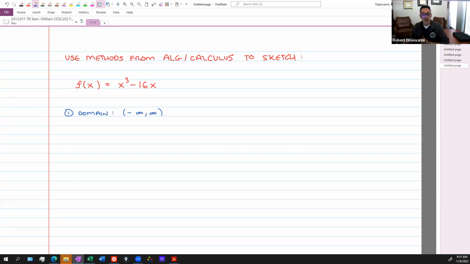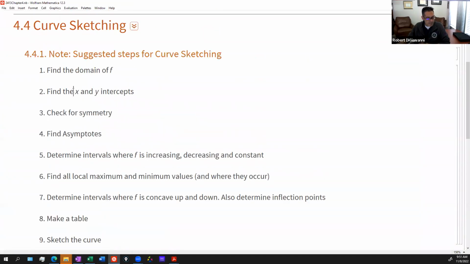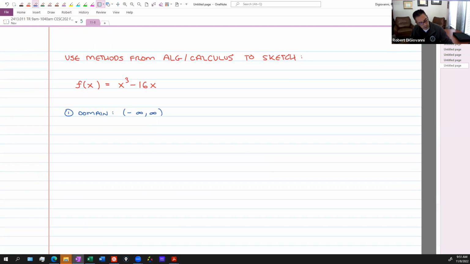All right. That's the first step. After we figure out the domain, we're going to figure out any x and y intercepts. All right, let's do that. X intercepts. To do that, we set the original function equal to 0, right? So I'm going to take x cubed minus 16x, set it equal to 0.